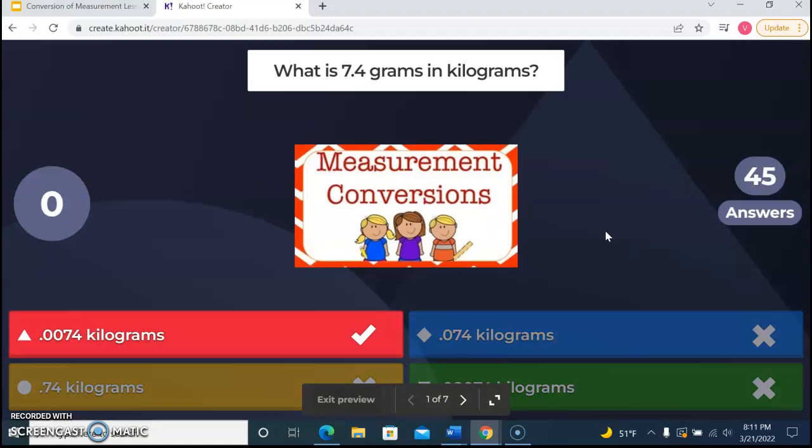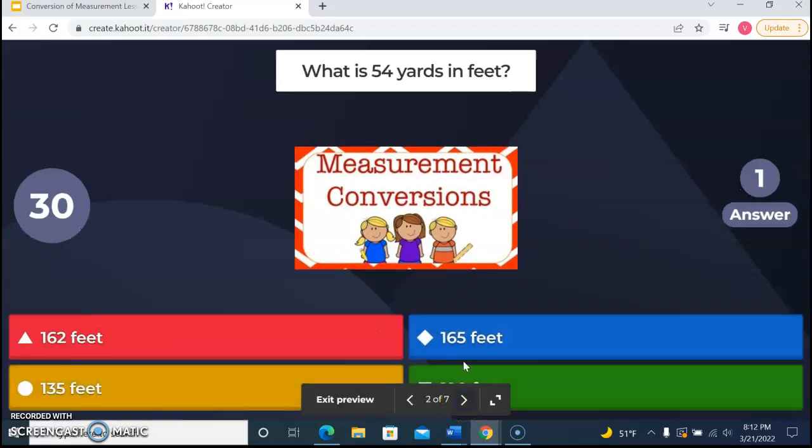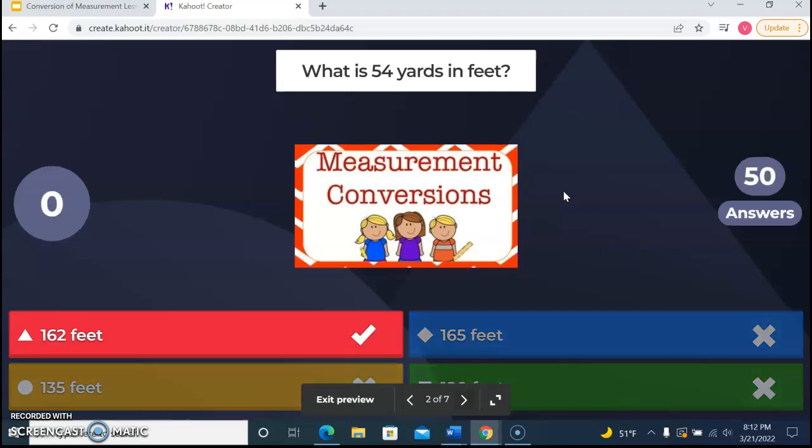So in the first one, you should have divided by 1,000 and got 0.0074 kilograms. All right. Number 2. What is 54 yards in feet? 162 feet. So in this problem, you multiply by 3. So it would be 54 times 3 equals 162 feet.